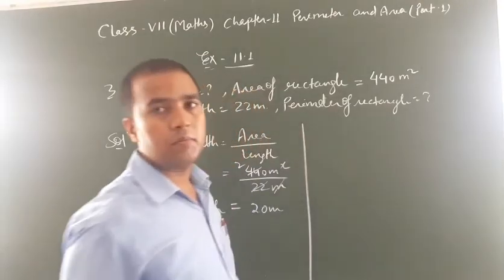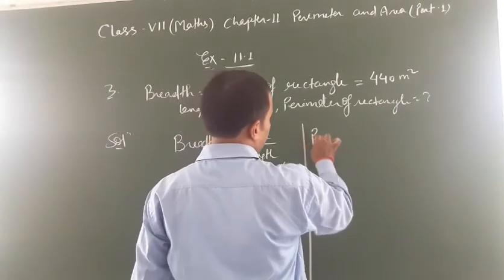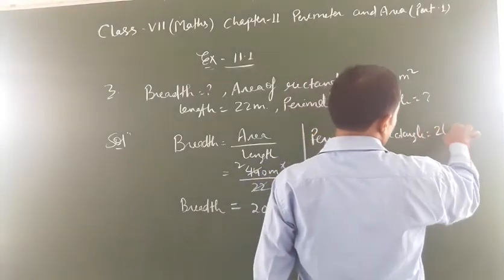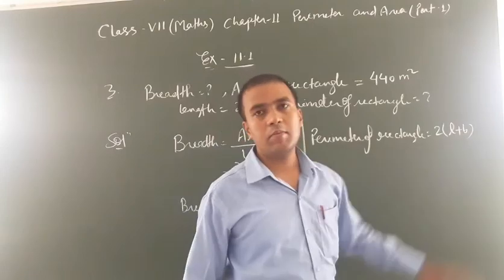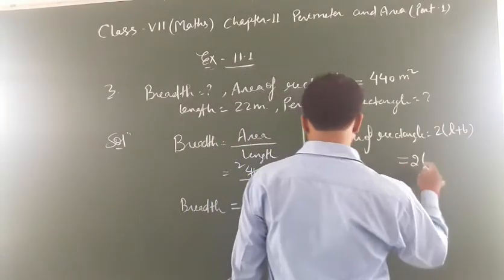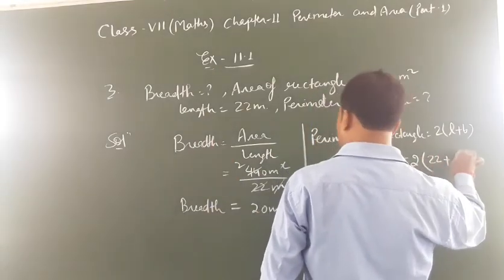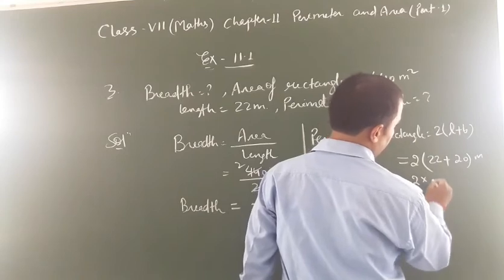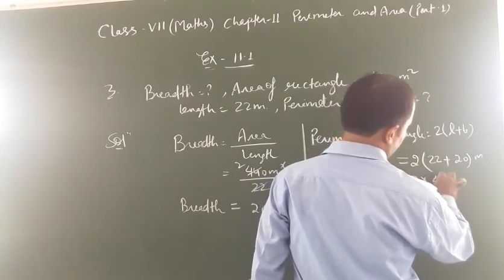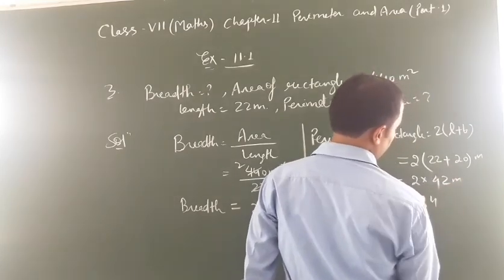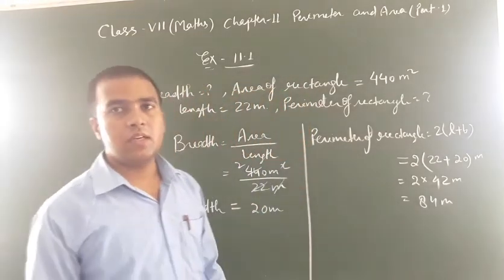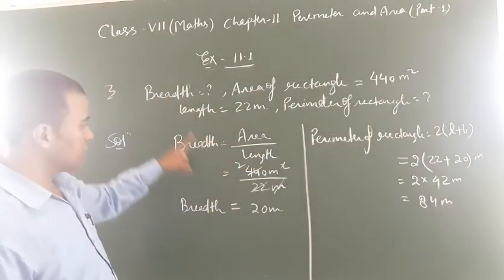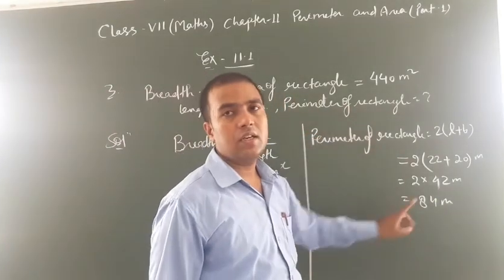Perimeter is also asked. We know this formula also: perimeter of rectangle equals 2 in bracket L plus B. Here L is 22 and B is 20. 2 into (22 plus 20), 2 into 42, which is 84 meter. Clear? So perimeter of rectangle is 84 meter, breadth is 20 meter. Clear?